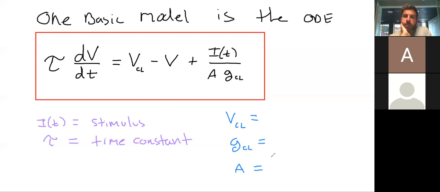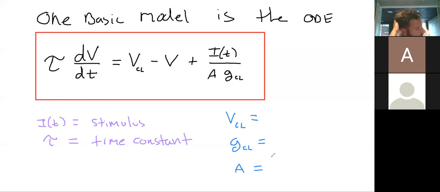Now, depending on how much science you had, perhaps chemistry or whatever, you might take a guess at what C sub L represents. You might take a guess at what area represents. Well, I know V stands for voltage, right? So what about V sub CL?